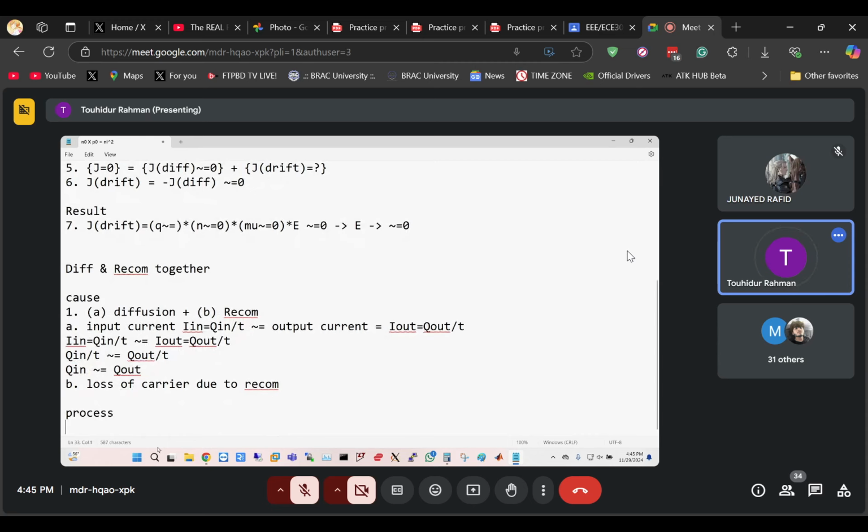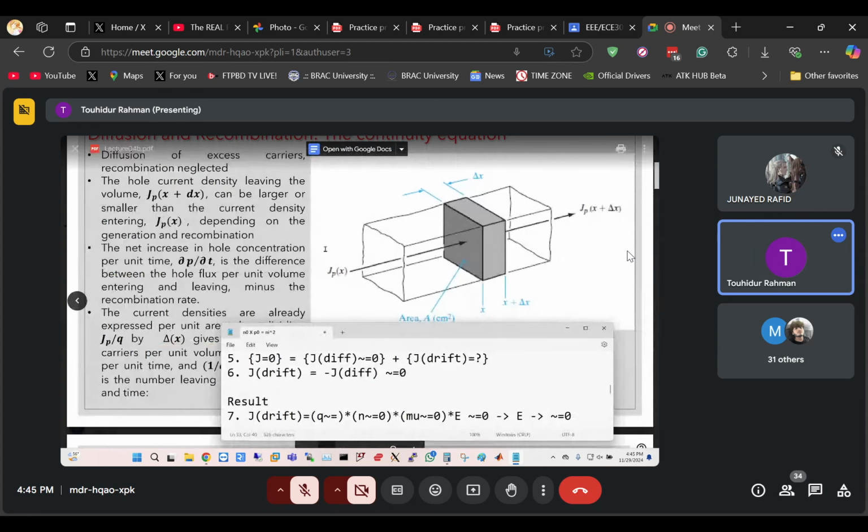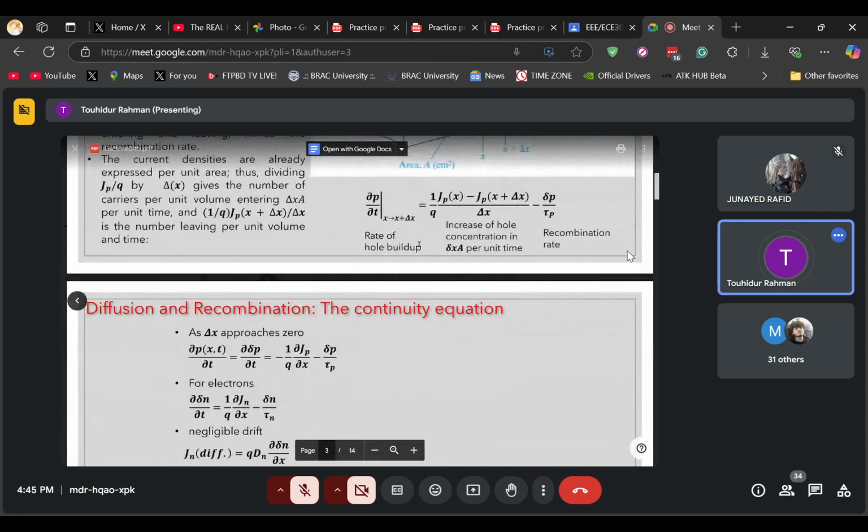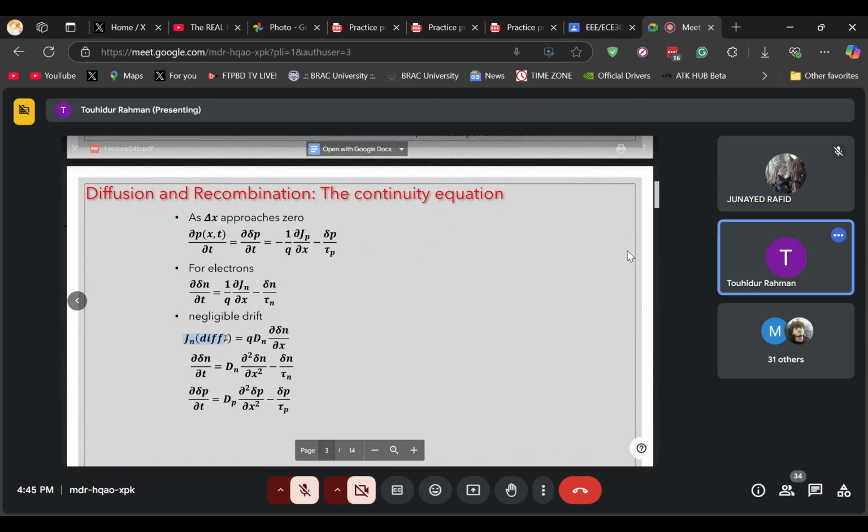The first step would be to assume all current from diffusion, and that will help us to formulate the expression for Jp or Jn, whatever.